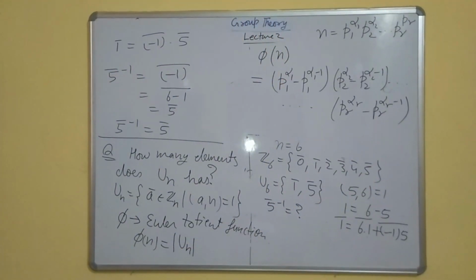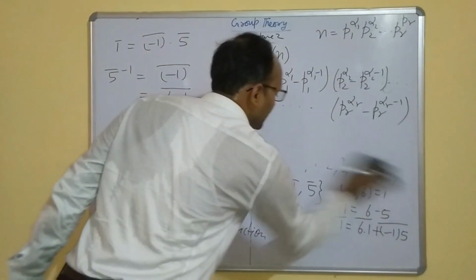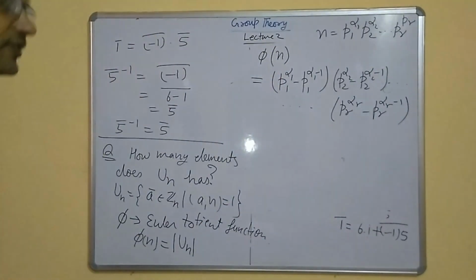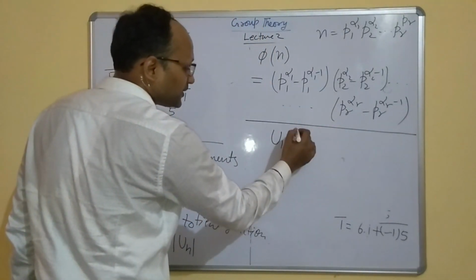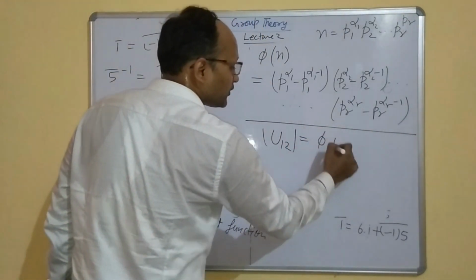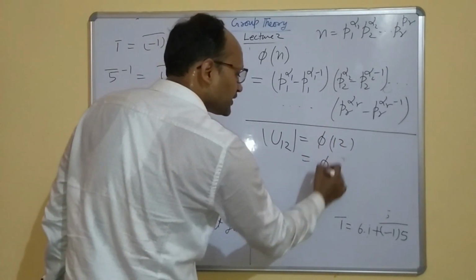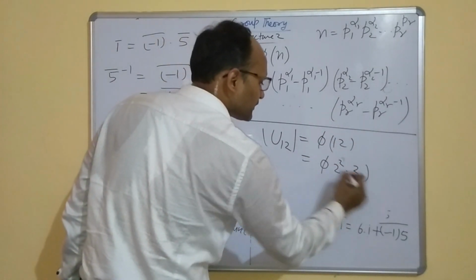For example, suppose I want to determine the number of elements in U12. This will be phi of 12, and phi of 12 can be written as phi of 2 square into 3.